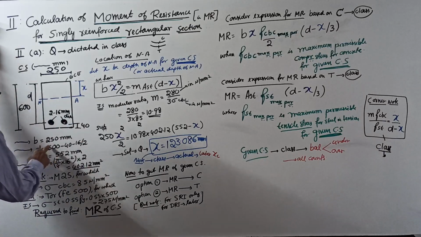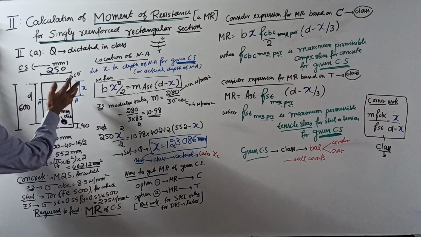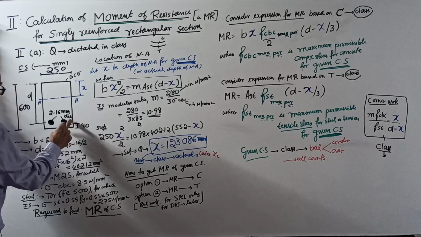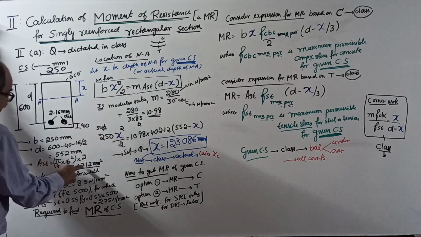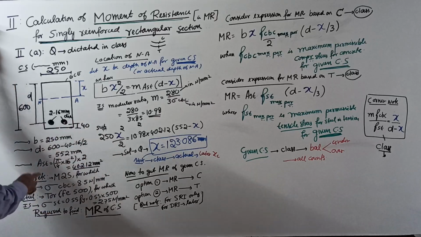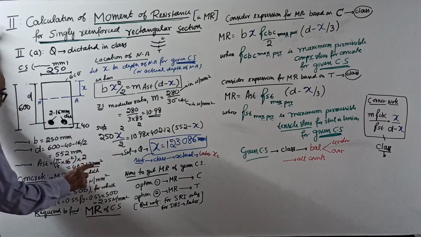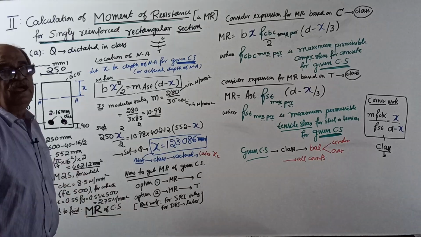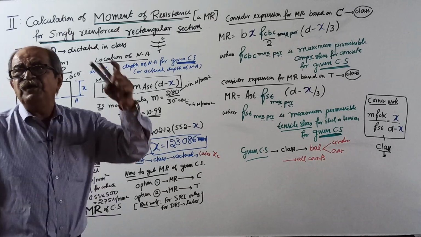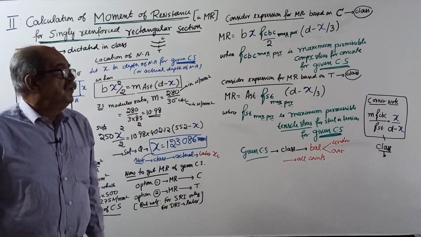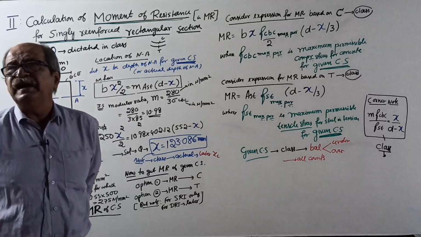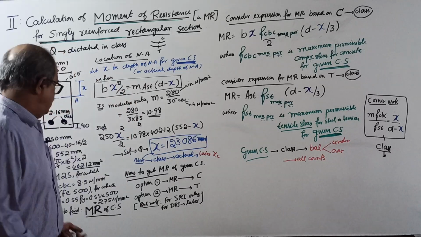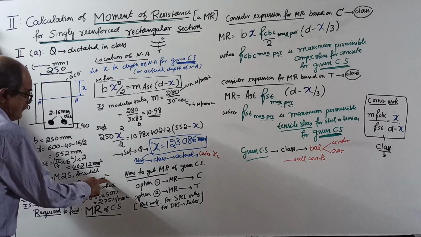B is 250. D is 552: 600 minus 40 minus 16 by 2. Ast, you already know how to calculate: pi by 4 into 16 square into 2. For concrete M25, as per IS code, sigma cbc, the permissible stress in concrete in bending compression, is 8.5 Newton per mm square.